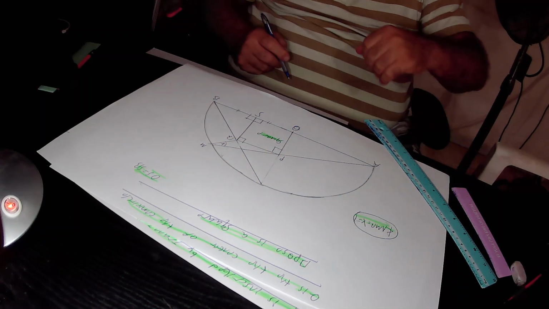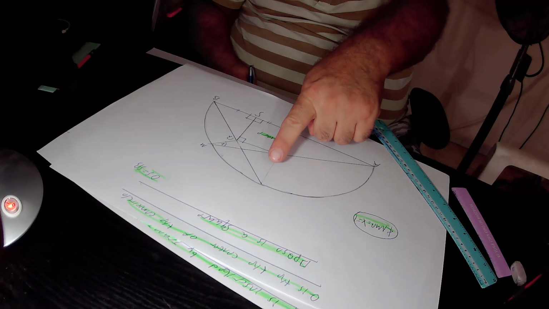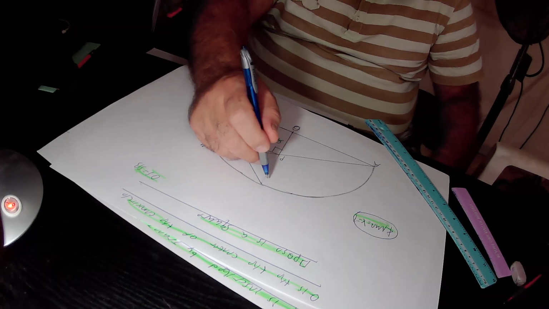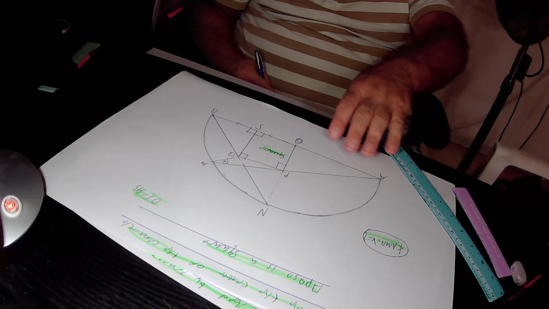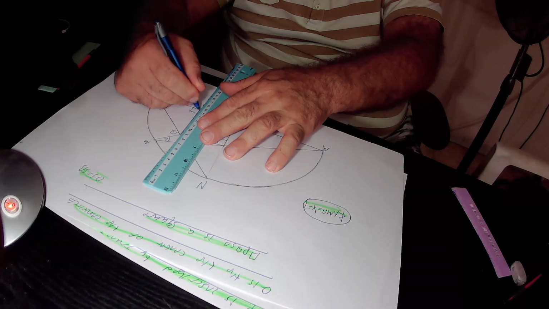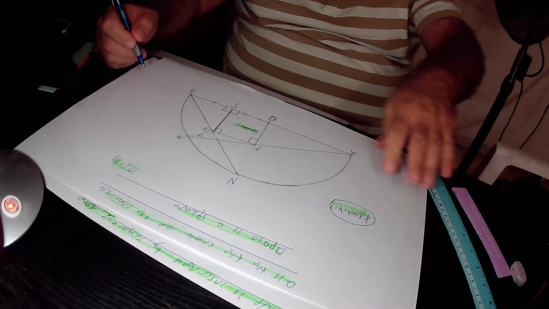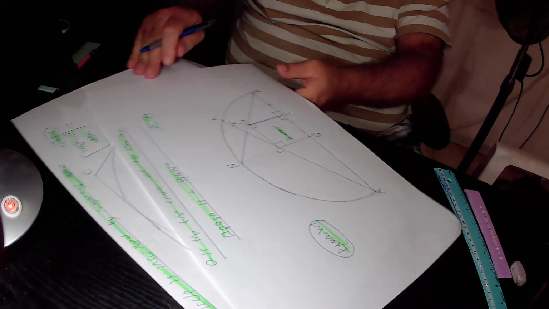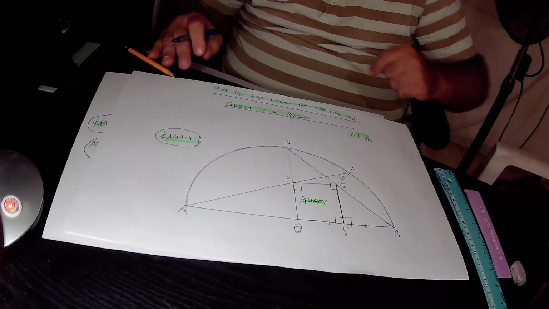We'll define the touching point of the extended line segment BQ with this circle. This point is point N. By doing this construction, we can form the right triangle QBS.